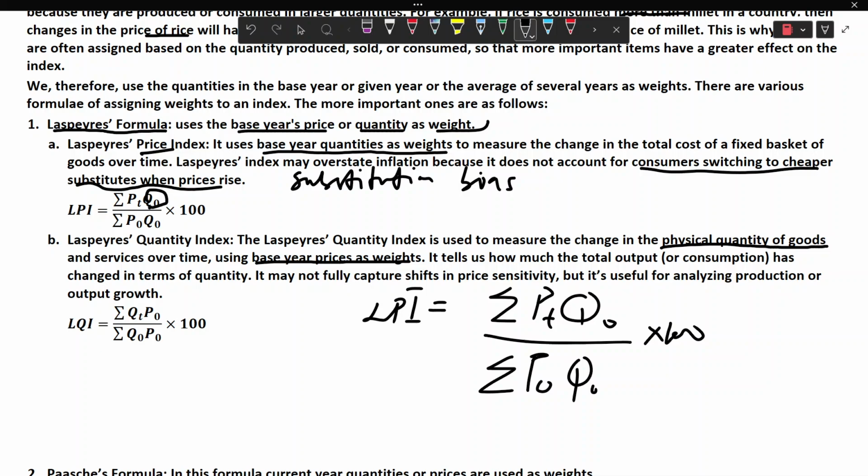Because looking at this one, we are making the price constant, so the quantities are the ones varying. And the other one tells us how prices are changing with the fixed basket of goods. It may not fully capture shifts in price sensitivity, but it is useful for analyzing production or output of goods.